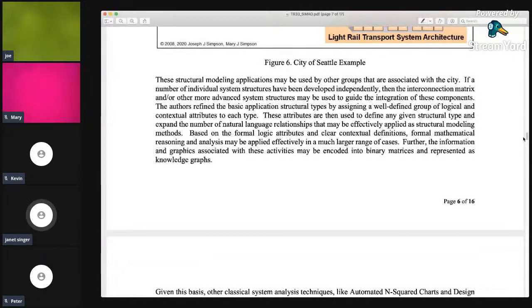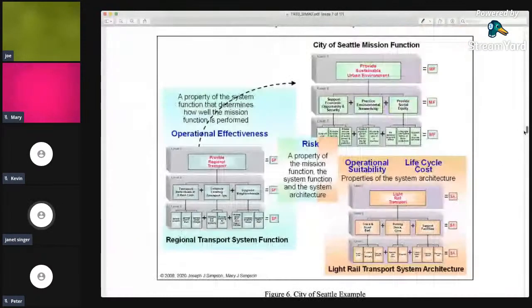Joe, maybe you can repeat that last statement, because Peter just came on and he might be interested in addressing that. Oh, okay. Well, what I said was, this is the City of Seattle mission function.